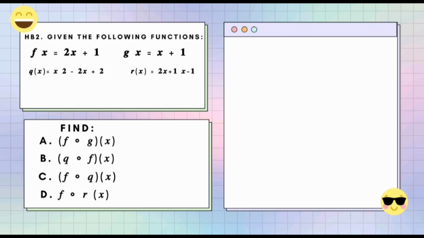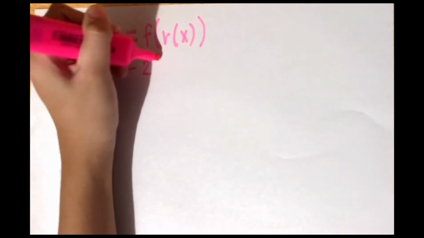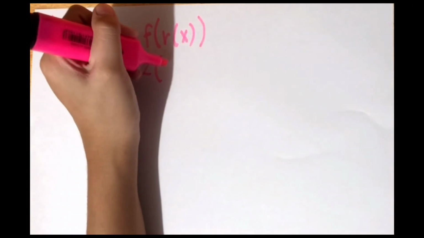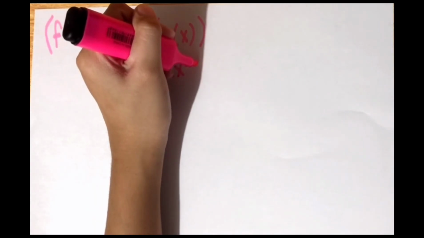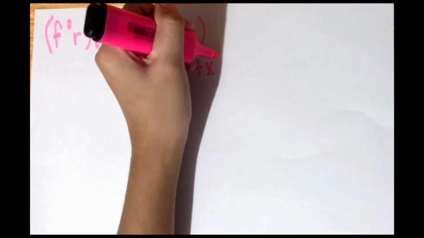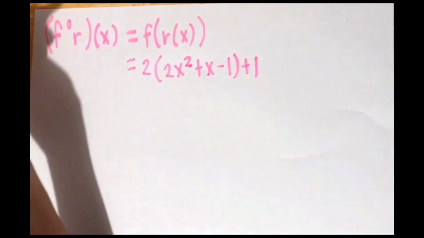Substitute x with 2x squared plus x minus 1 in the function f of x that is equal to 2x plus 1. So we have 2 times (2x squared plus x minus 1) plus 1.